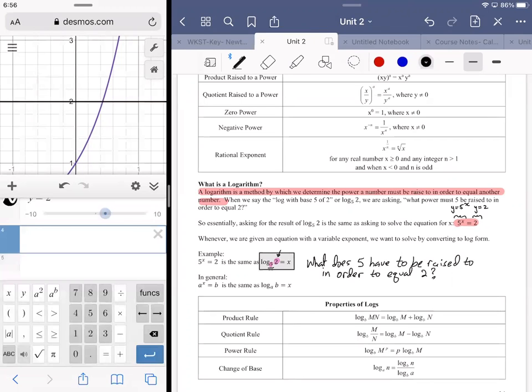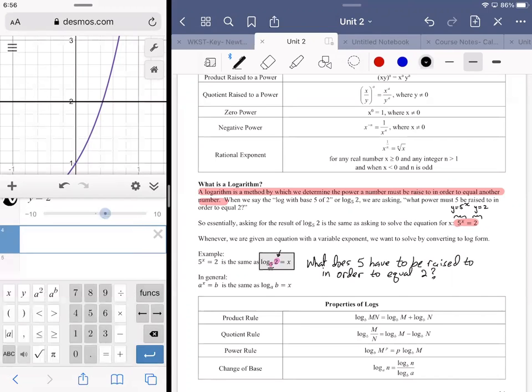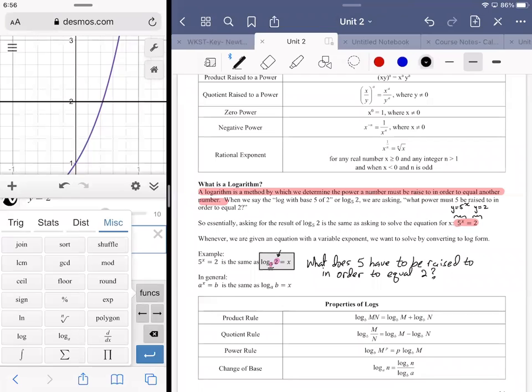So we go into Desmos, we look around in our different functions, we see miscellaneous, and you see one that says log. So again, Desmos, regular commands. You look at the little field there where you type your equations and expressions. Tap functions.